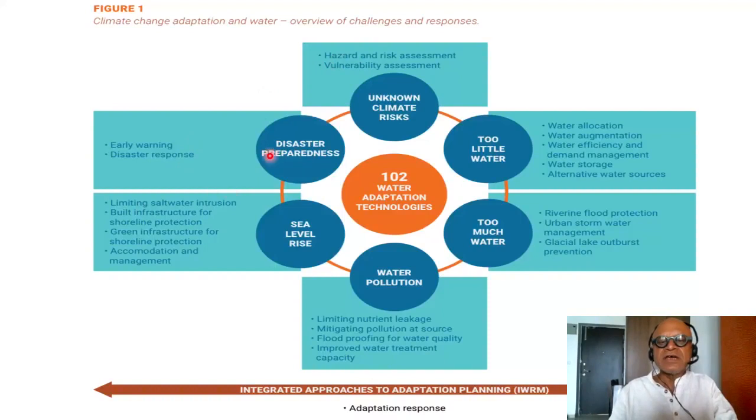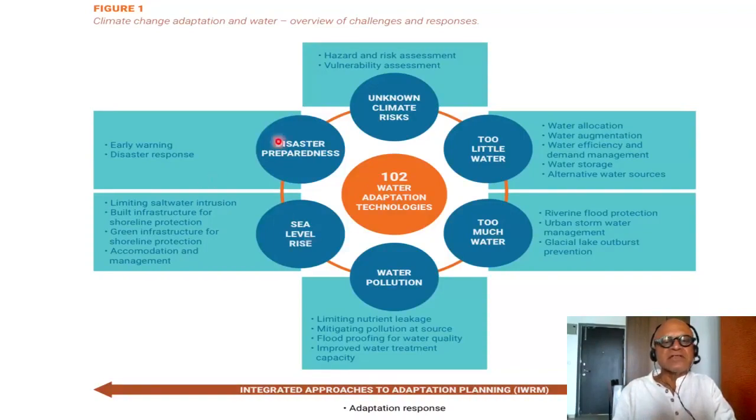So you can see that we have various components for water adaptation technologies that help deal with water and make it resilient. So we have disaster preparedness, unknown climate risks, too little water, too much water, water pollution, and sea level rise. Sea level rise tends to affect groundwaters as well, salinization of groundwaters, and of course storm surge, inundation, and so on and so forth.